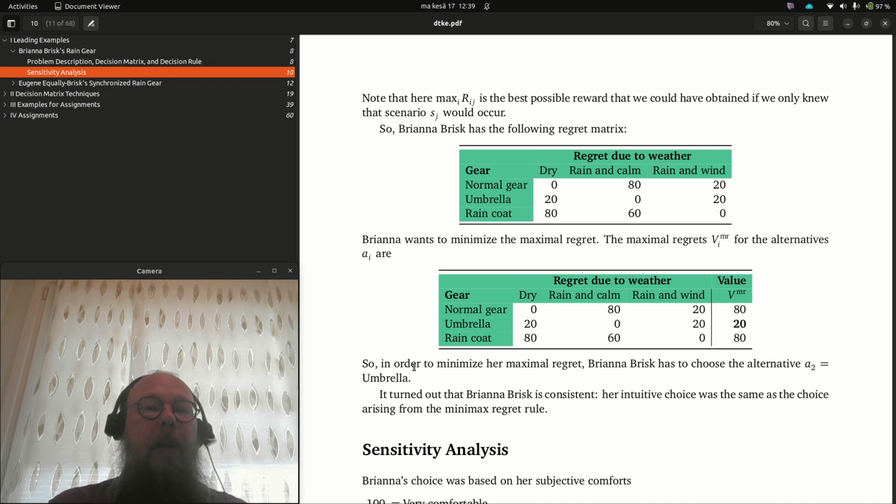So in order to minimize her maximal regret, Brianna Brisk has to choose the alternative A2, umbrella. So it turned out that Brianna Brisk is consistent in the sense that her intuitive choice was the same as a choice arising from analyzing this problem with the minimax regret rule.